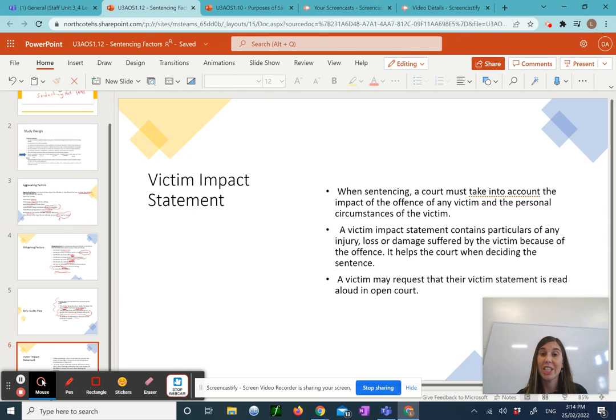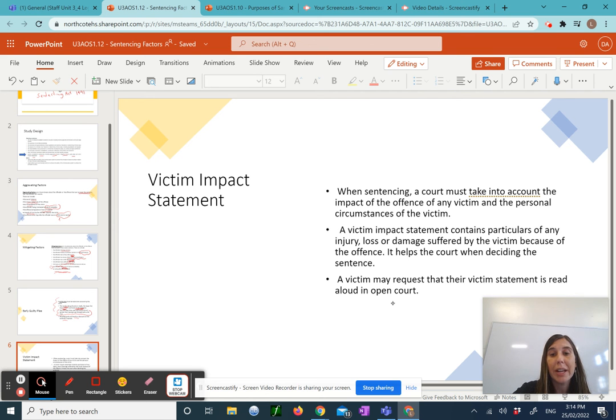The last one that a judge may take into consideration is what is known as a victim impact statement. This is usually during sentencing. The court will ask victims to talk about their account of the crime and whether or not it had any impact on them and the circumstances around it. So often a victim will read out what occurred during that crime and what kind of loss they've had.